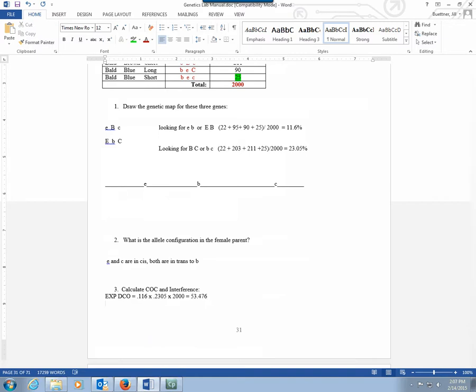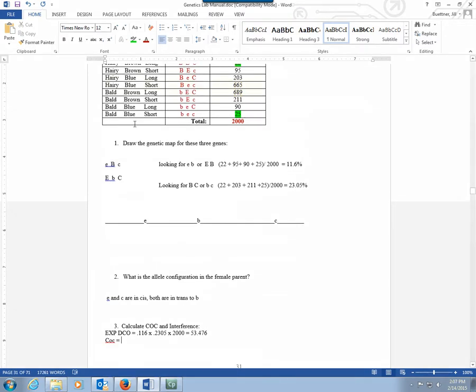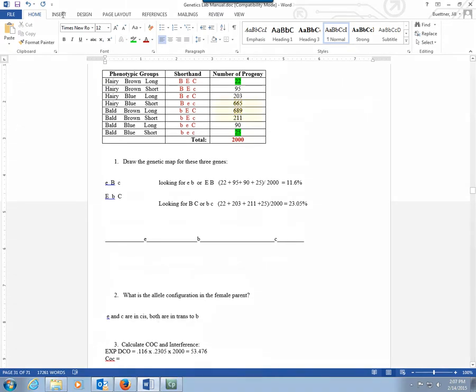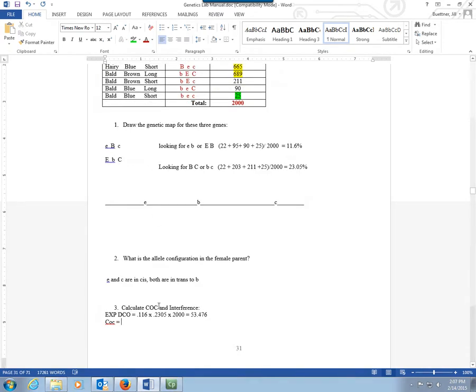So your coefficient of coincidence is your observed divided by your expected. Your observed is from the data, so you'll say 25 and 22, so 47. So 47 divided by the expected 53.476. Remember, your expected is what you just calculated. Your observed comes from your data chart.